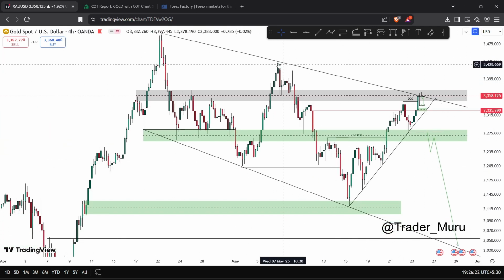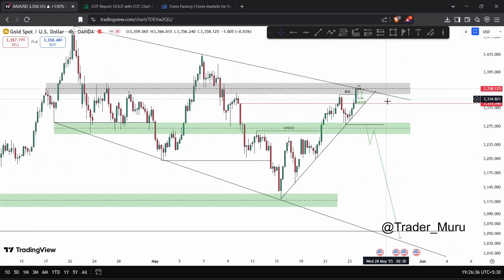Until this high breaks, structure is still bearish. They have still cut their short here. After that, you can see this move. Once the bearish structure is confirmed, there will be a nice drop.